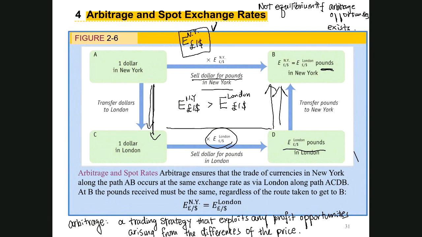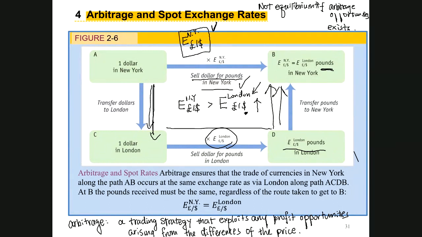That means you could pay less in British pounds to exchange the same amount of dollars in London, right? So people will flock to this market, so that this exchange rate will actually get higher.